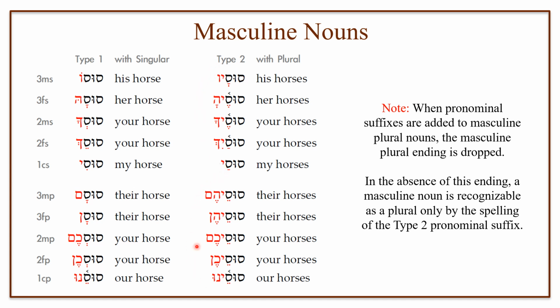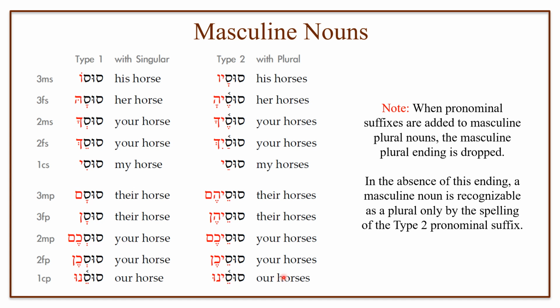Down here, you've got the plural pronominal suffixes, so there are multiple people owning multiple horses because it's a type 2, so you've got multiple of the noun, and over here you've got more than one person because it's a plural pronominal suffix. So their horses, your plural horses, our horses.